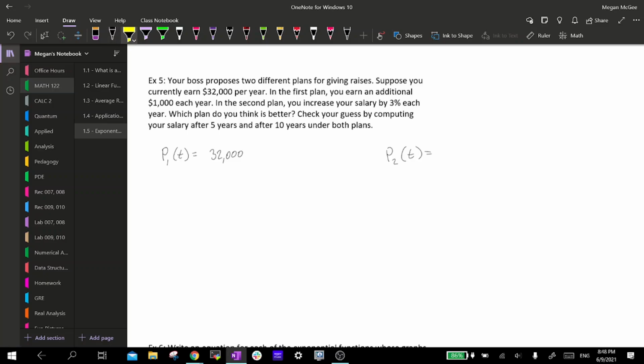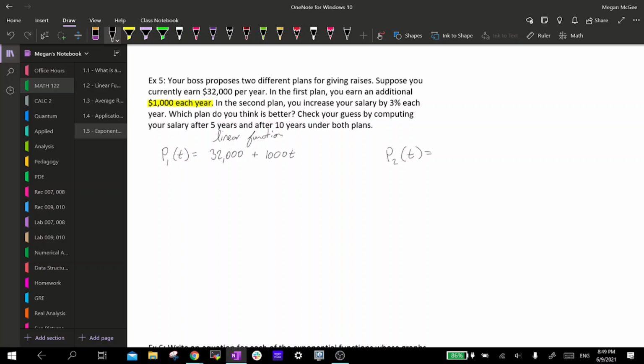Well, that is a constant rate of change. So over here we have a linear function. So we have $32,000 plus $1,000 every year times T.